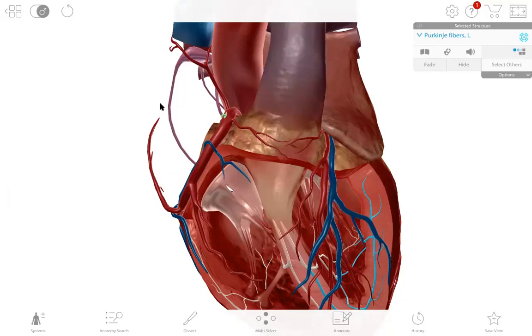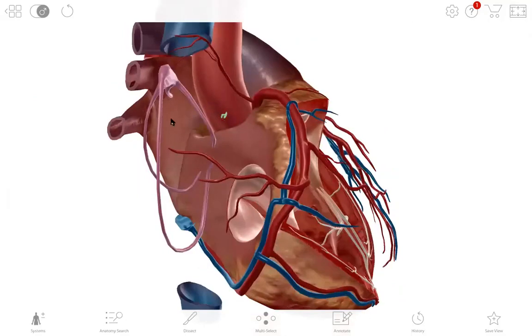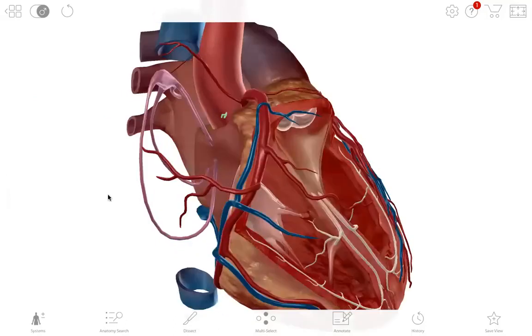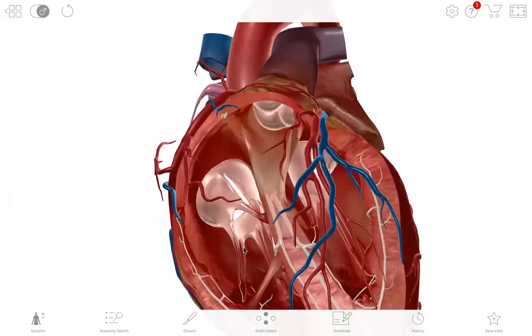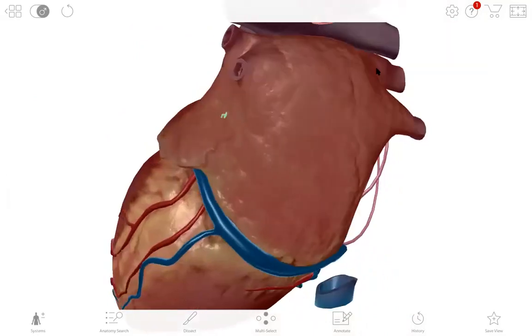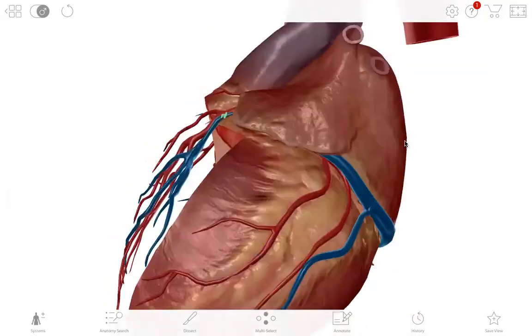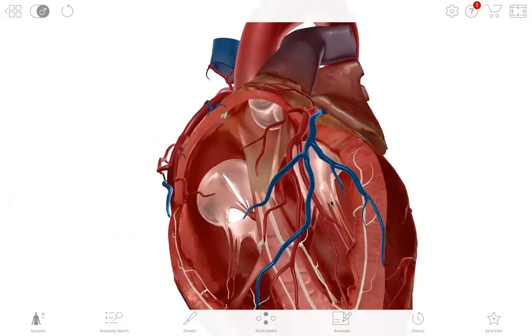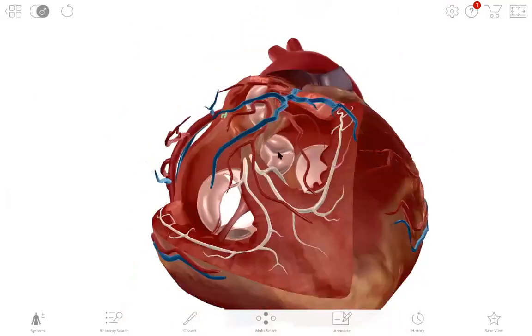Now, the openings in the right atrium are the superior vena cava, inferior vena cava, coronary sinus, and the tricuspid opening. The openings in the right ventricle are the tricuspid opening and the pulmonary valve. The openings in the left atrium are the four pulmonary veins. The openings in the left ventricle are the mitral valve and the aortic valve.